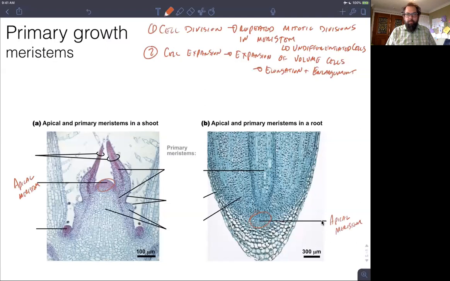And so we talked about the three different types of tissues that we find in plants. We have the dermal tissue system, we have the vascular tissue system, and we have the ground tissue system that make up the body of the plant. Each of those actually have a primary meristem associated with them. And so within the plant, we have three primary meristems.